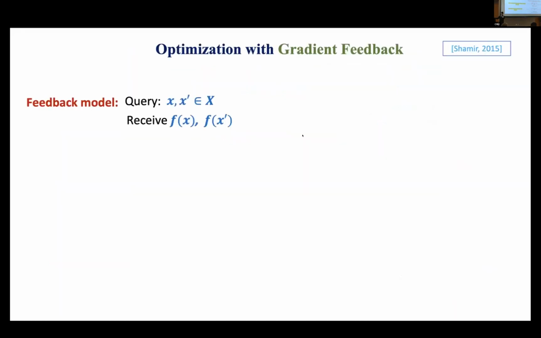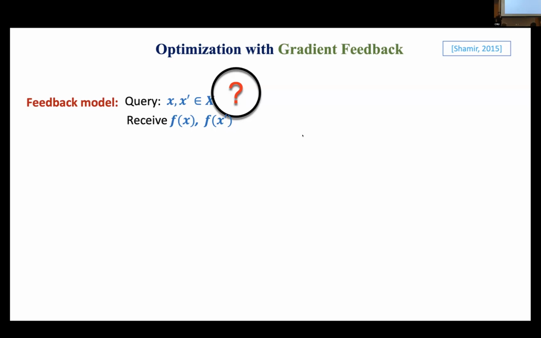Okay, so I'll just explain something very quickly here, following up from his question. So far I was restricting my feedback to just one point, right? You query x, I give you f(x), or you query x, I give you f_t(x), if the function changes over time. If I slightly tweak it and say I will let you query 2 points instead of 1 point, you can query whatever 2 points you want, and I will give you the function values at those 2 points.